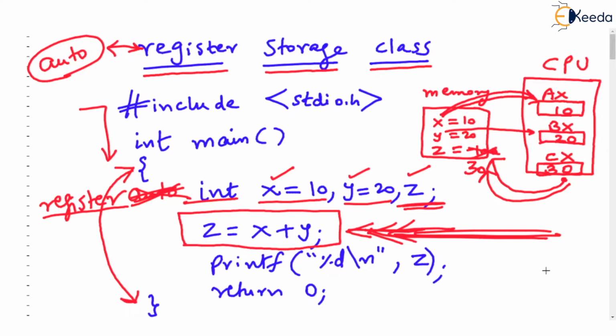Now, whenever variables have register storage class, then the entire story changes. These variables will not be stored in the memory. Listen, auto variables and global variables, external variables, are always stored in the memory. But register variables are directly stored in the CPU.